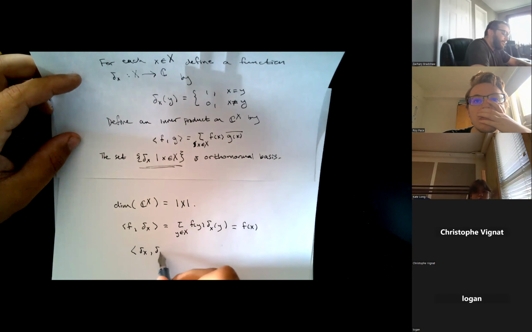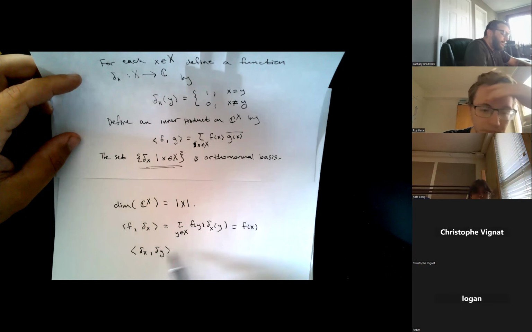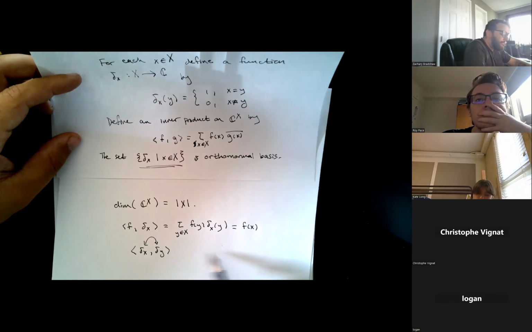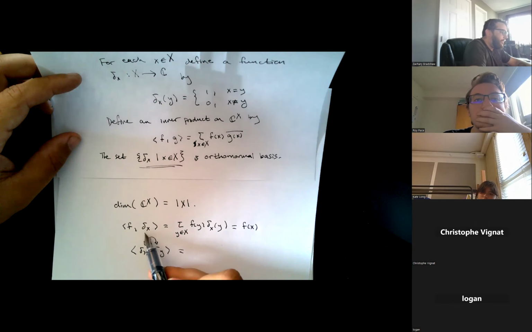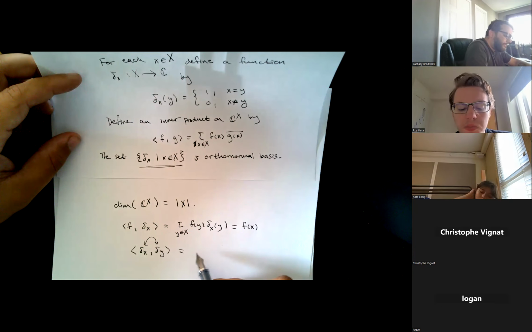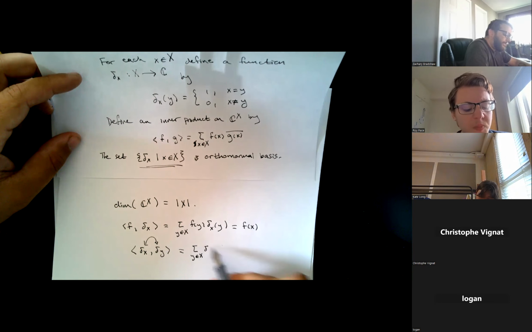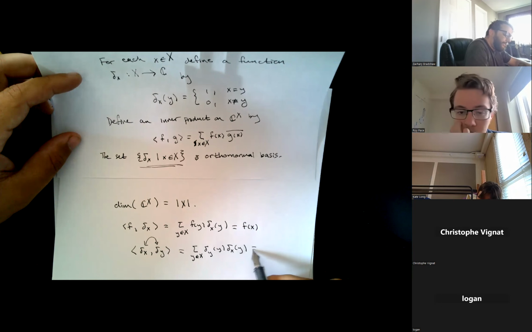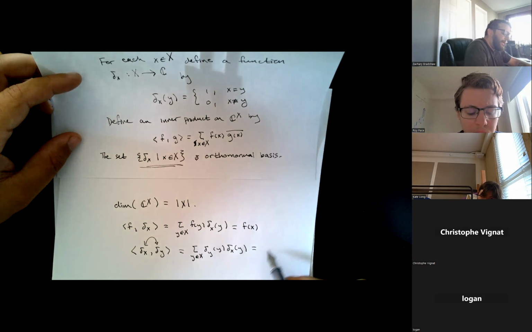The inner product of delta_x and delta_y. Using this formula, we get the sum over y of delta_y(y) delta_x(y).